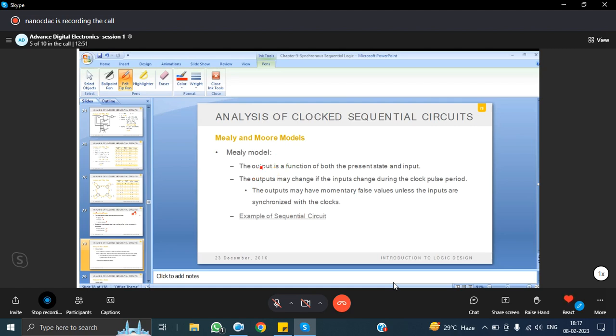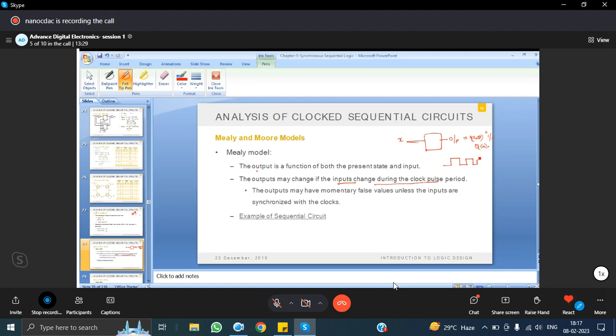Mealy model, you can see, the output you are generating from a sequential circuit is a function of both the present state as well as the input. Let us suppose the input is x and the present state is Q. The output depends on the state and input. Okay, so output may change if the inputs change during the clock pulse period.